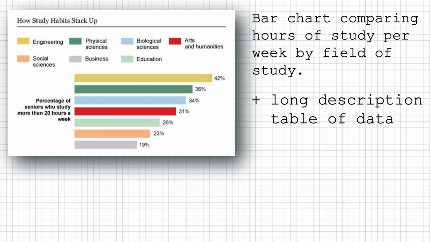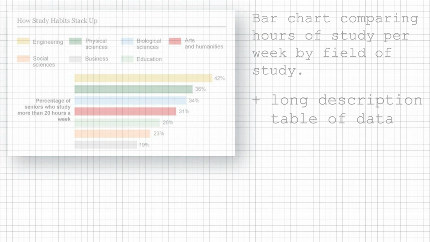The majors and values are engineering 42%, physical sciences 36%, biological sciences 34%, arts and humanities 31%, education 26%, social sciences 23%, business 19%. For this chart, there's no reason to orient the viewer to the data. It's a simple table of categories and values.